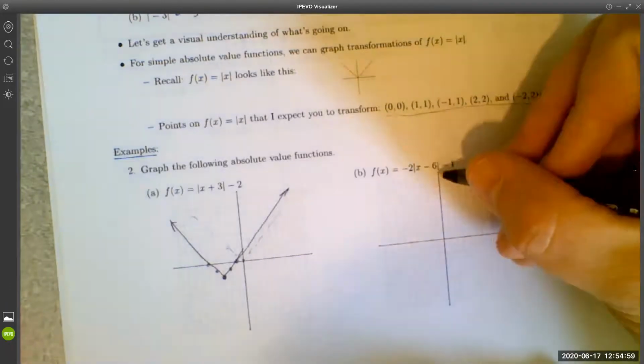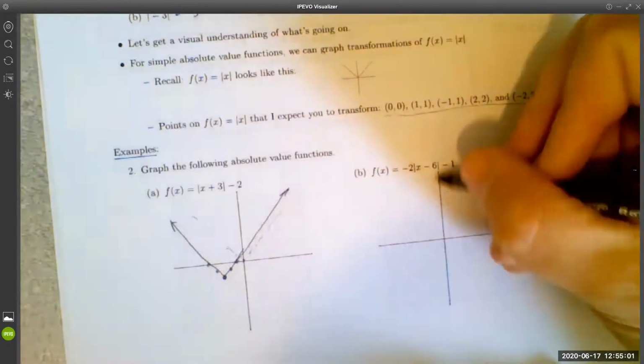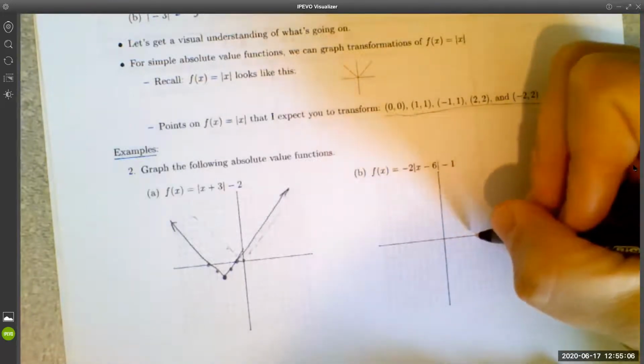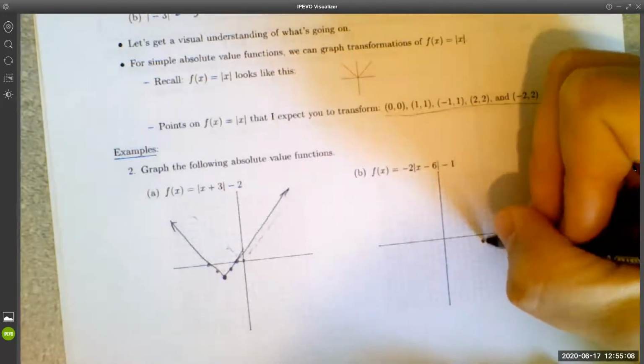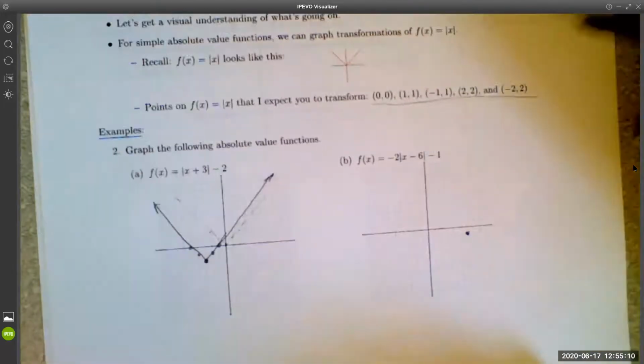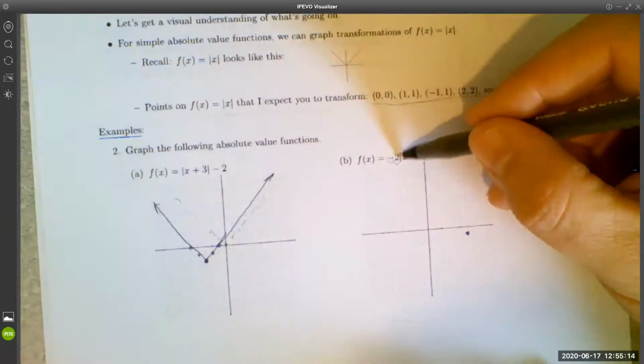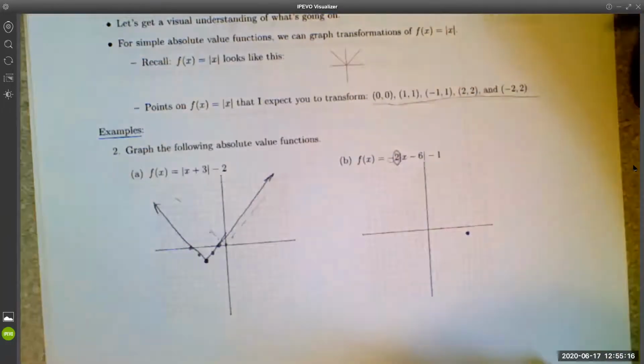So let's do this, right? So the vertex is going to go right 6, down 1. 1, 2, 3, 4, 5, 6, down 1. So there's my new vertex. And then this parabola is going to open down, and the vertical distance between the points is going to be multiplied by 2.